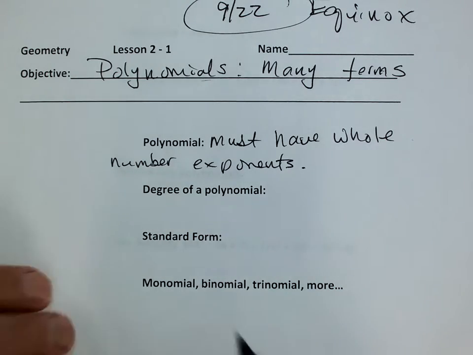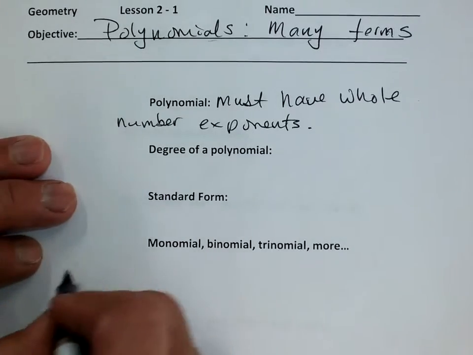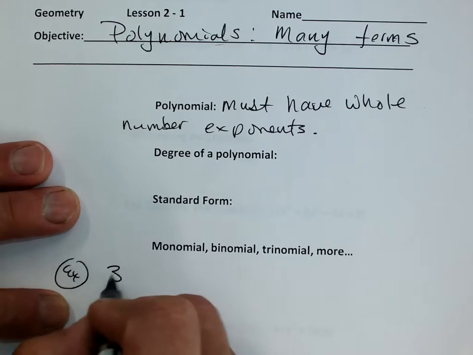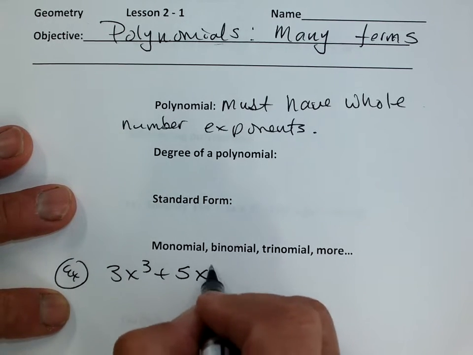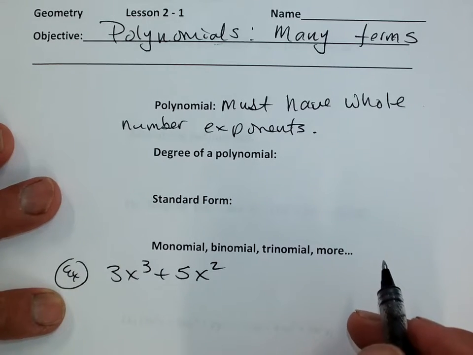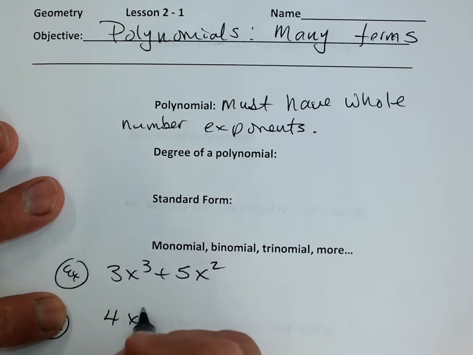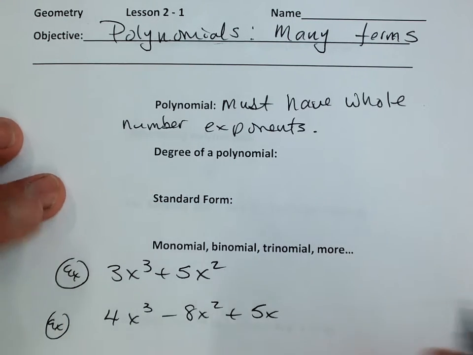I'm going to give you some examples, okay? I'll do this and then I'll come back up to here. As some examples, how about 3x cubed plus 5x squared? That's a polynomial. How about 4x to the third minus 8x squared plus 5x?